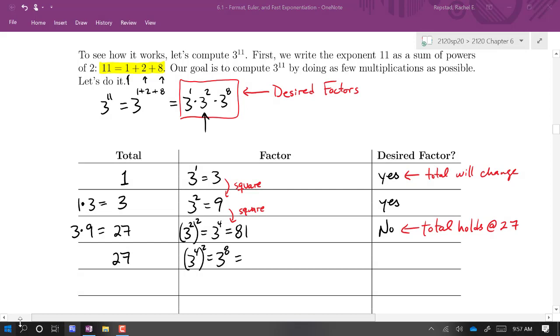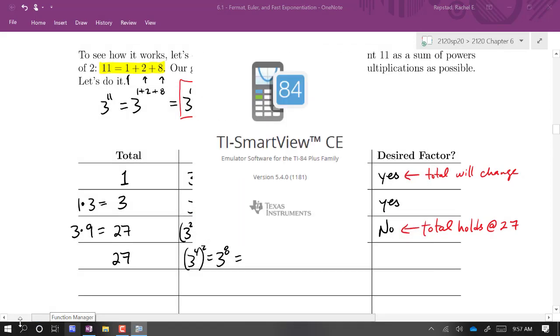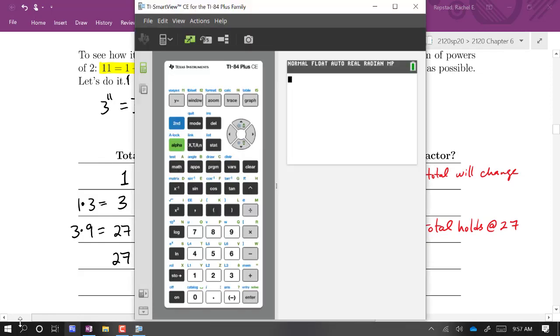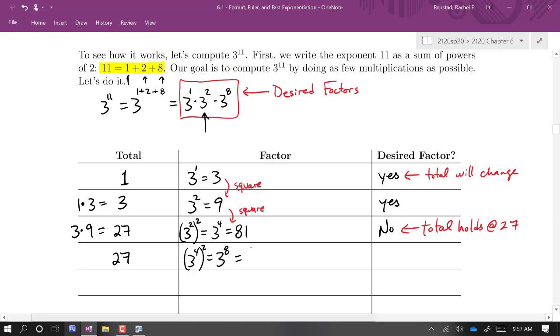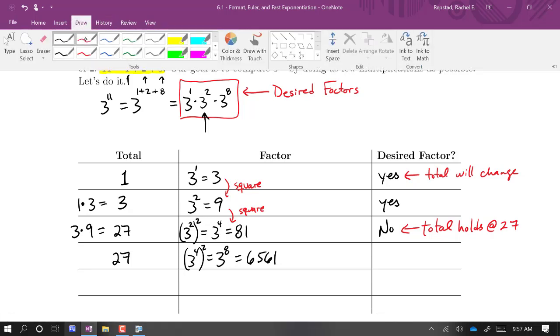And I think I'll need the calculator for this. $6,561. This is a desired factor.